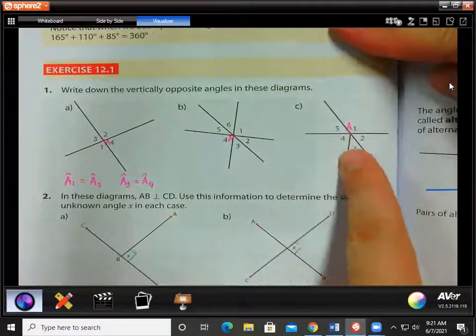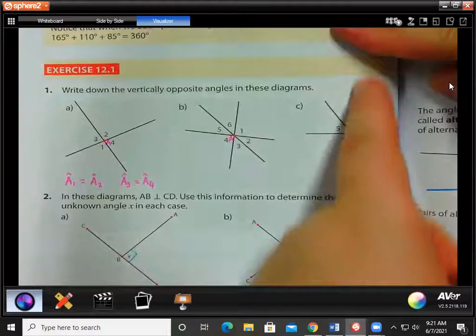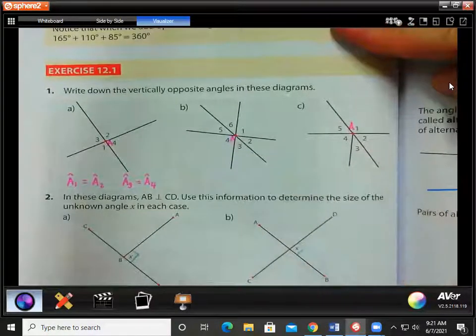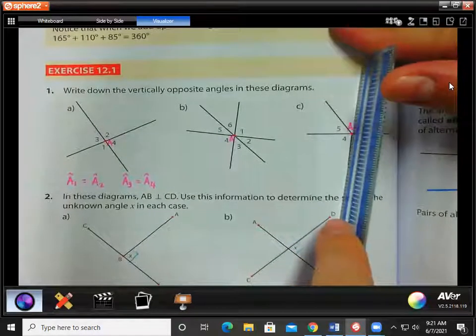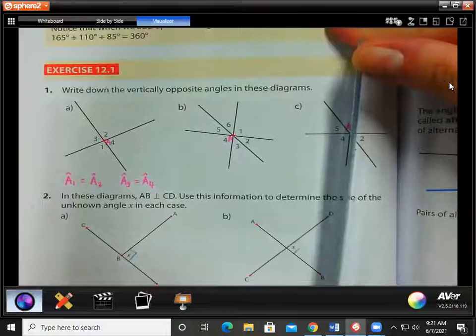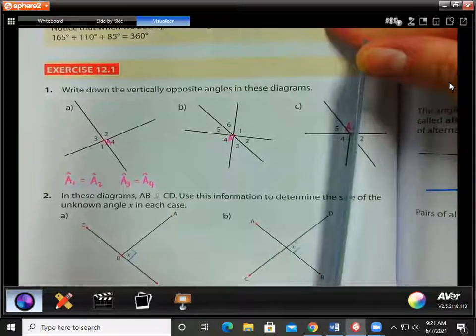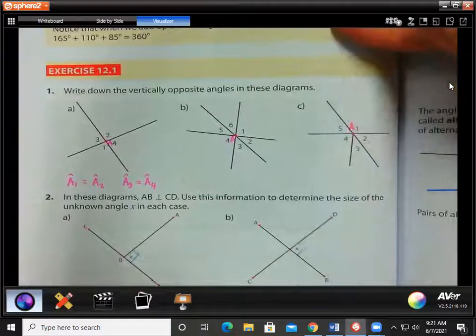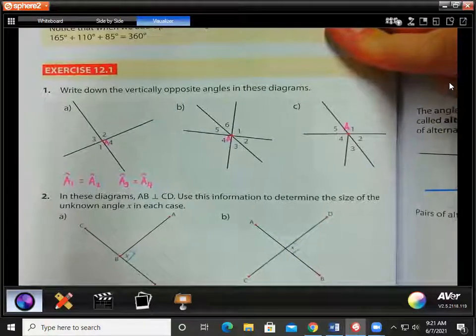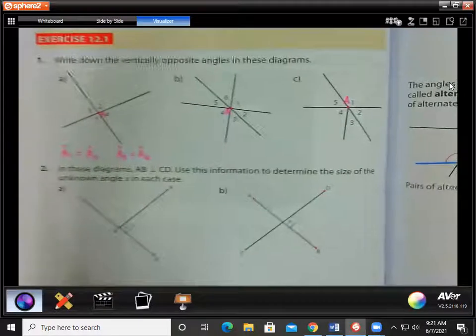If this line went all the way through, if we had that kind of situation, let me just see. There we go. If that was a line, then you would again have 3 pairs of vertically opposite angles that are equal. Now you don't. So just write the ones that will be equal. That is a bit of an application question, but see if you can do that one.